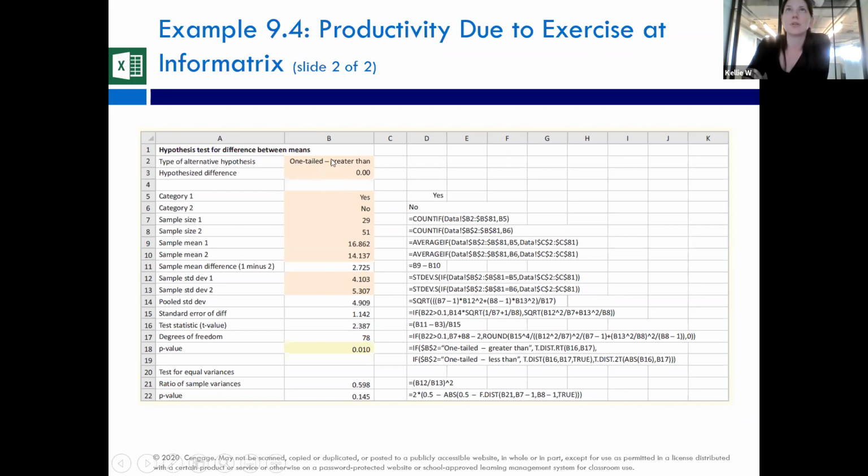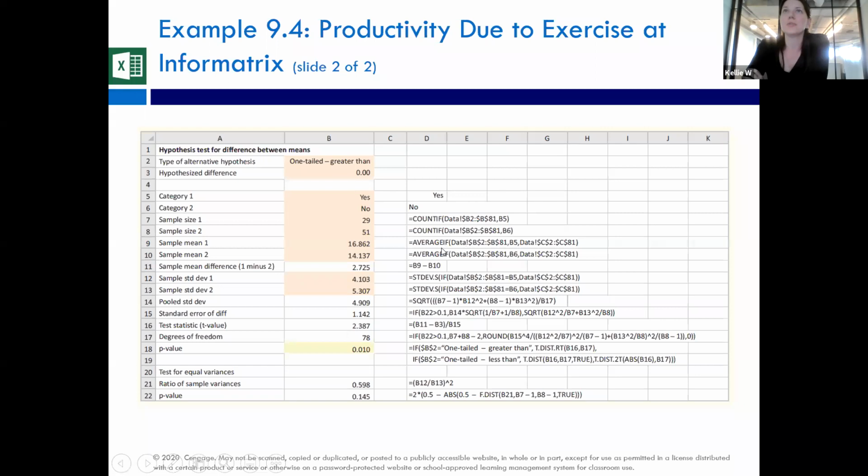And we're trying to determine whether or not that difference is greater than 0. All right, so our two categories are yes, we exercise, or no, we don't. If we do our count ifs on those criteria, we get 29 who exercise and 51 who don't.